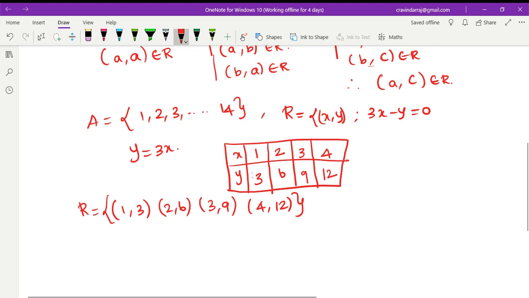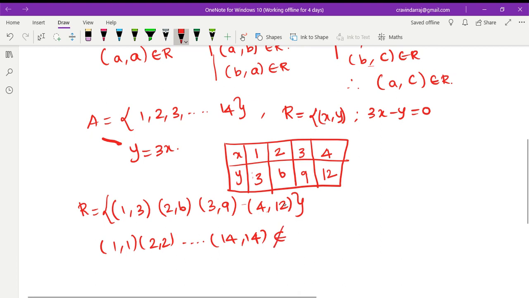Now we check for reflexive. Here the pairs do not have the same elements: (1, 3), (2, 6), (3, 9), (4, 12). For reflexive we would need the pairs (1, 1), (2, 2) up to (14, 14).